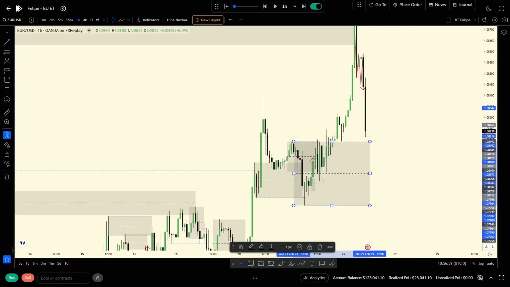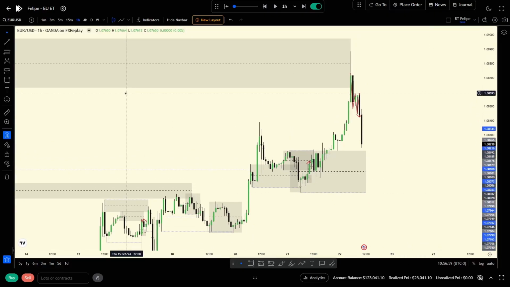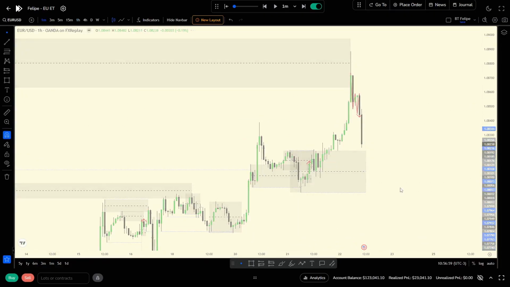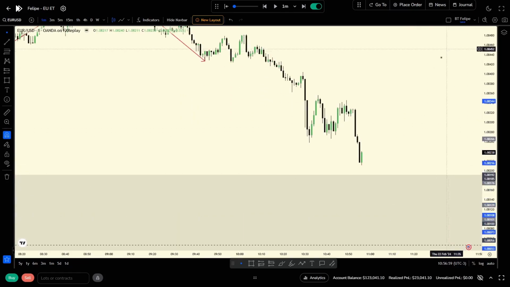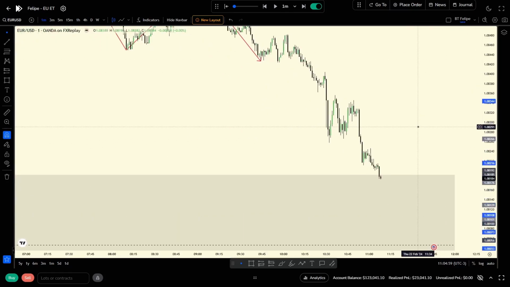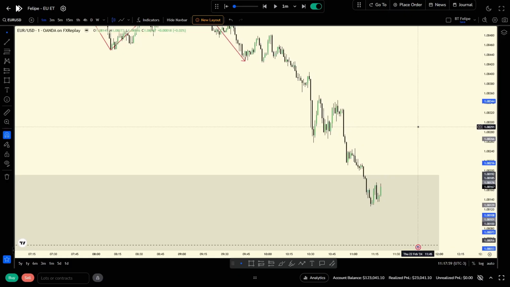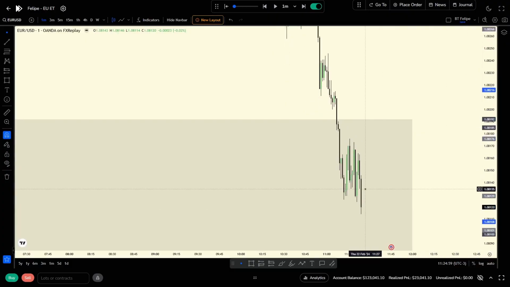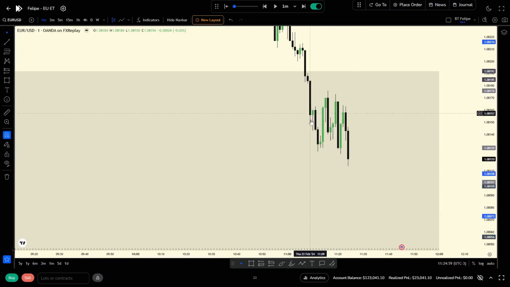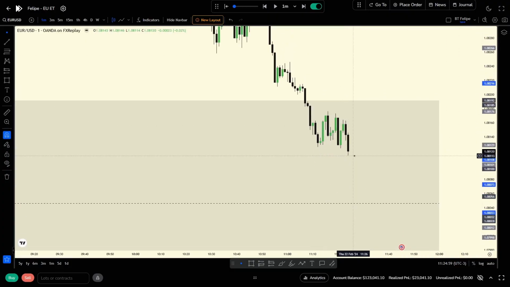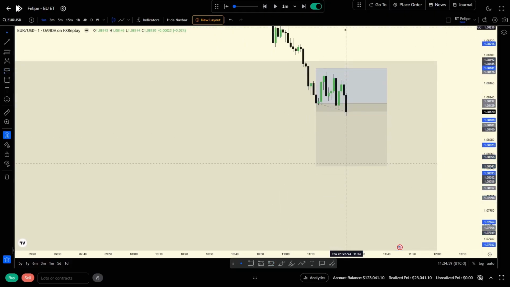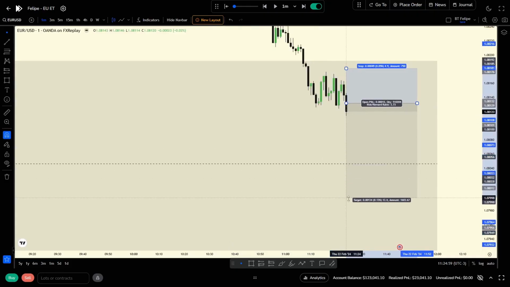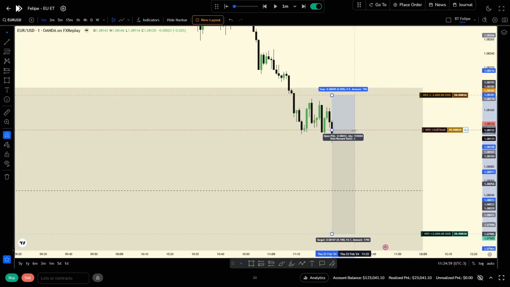Somewhere around here would be better. The best one would be after taking that liquidity. And short setup after tapping here. Don't like it too much. That was the only one that we got.